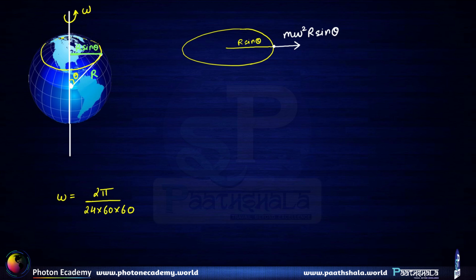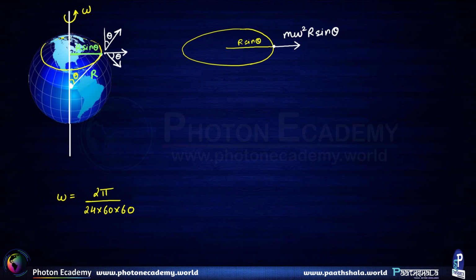Now this particular centrifugal force will have two components. One will be this component away from the center of the earth, and one will be a component tangential to the earth. So this angle being theta, we can find out that this particular angle is theta and this angle is theta because of parallel lines and corresponding angles of parallel lines being congruent.